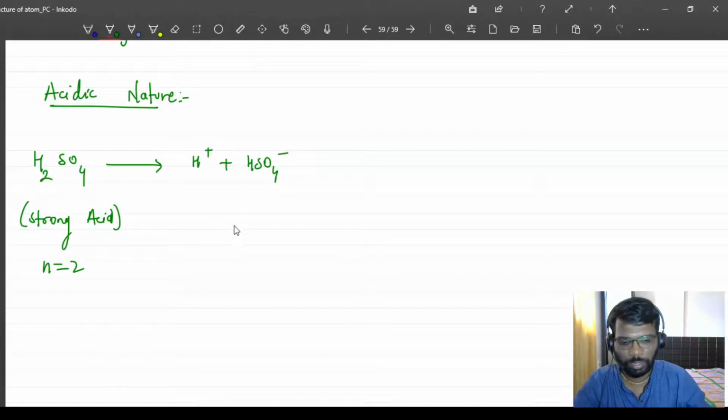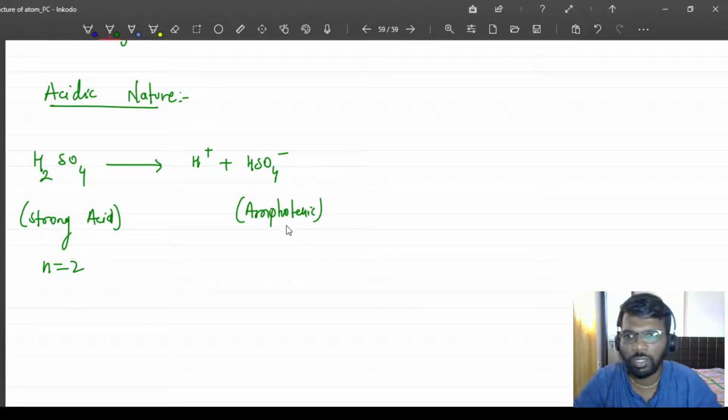HSO4 minus is amphoteric. Why am I calling this amphoteric? Because it can act as an acid as well as a base.